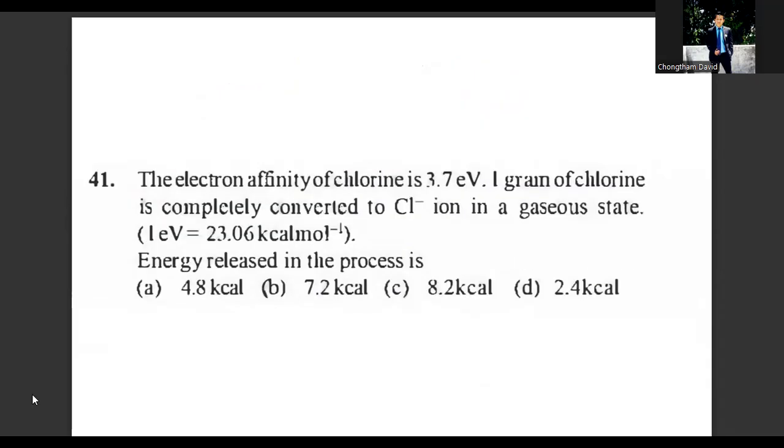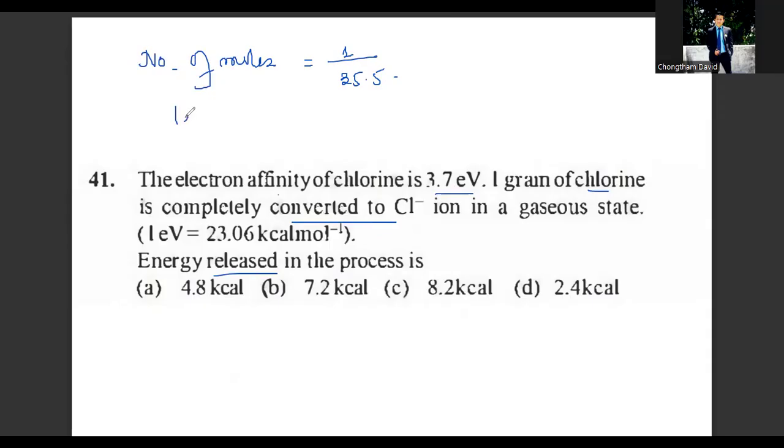Moving on to 41. The electron affinity of chlorine is 3.7 eV, and when 1 gram of this chlorine is completely converted to chloride ion in the gaseous state, the energy released in the process would be? Let us do some calculation here to find the number of moles. Number of moles can be calculated as 1 by 35.5, right?